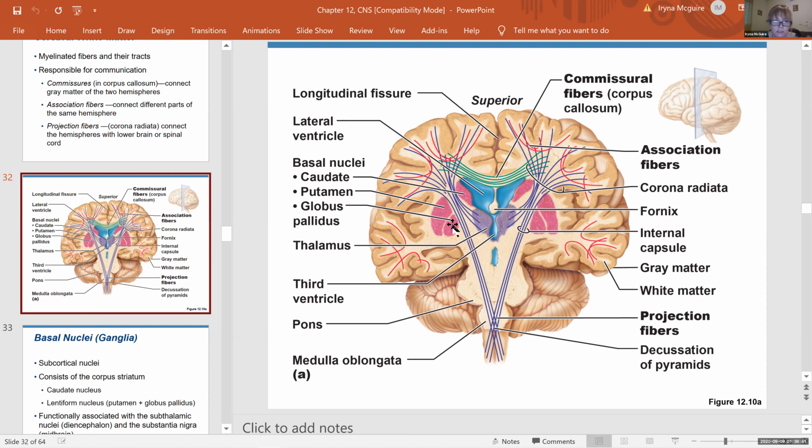That's called a nucleus, right? So here's the putamen, that's a nucleus. Globus pallidus, that's a nucleus. Caudate, this part, that's also a nucleus. Together they make a structure that's called basal nuclei or basal ganglia, right? So that's the basal ganglia, gray matter, not on the surface, but inside your brain.